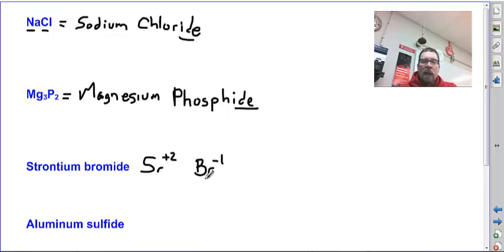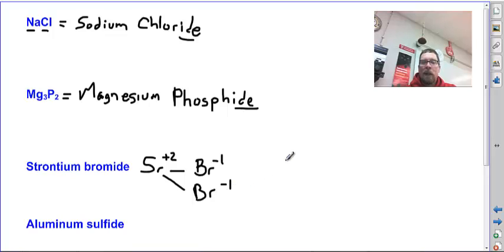When these two then find that electrostatic attraction and create a bond, it needs to cancel out because compounds are neutral. So in reality, what's going to happen is one strontium will bind to 2 bromines, in order to have my total positive charge and my total negative charge cancel each other out.